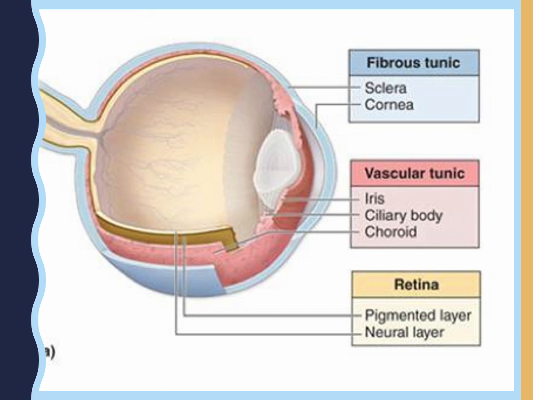The fibrous outer layer consists of the sclera and the cornea, while the vascular tunic is composed of the iris, the ciliary body, and the choroid, which contains all the vasculature. And then the nervous layer, which is referred to as the retina here on this image, consists of the retina, which is continuous with that optic nerve that exits the back of the eye.